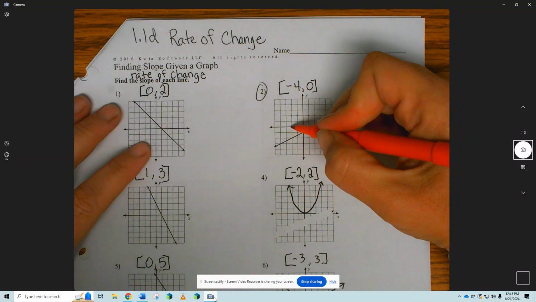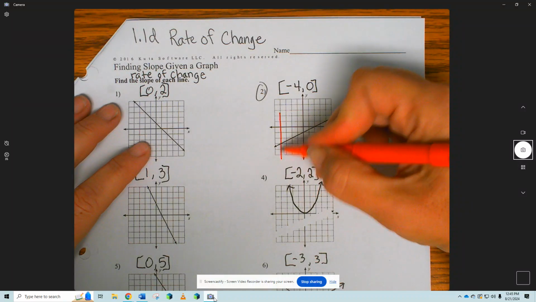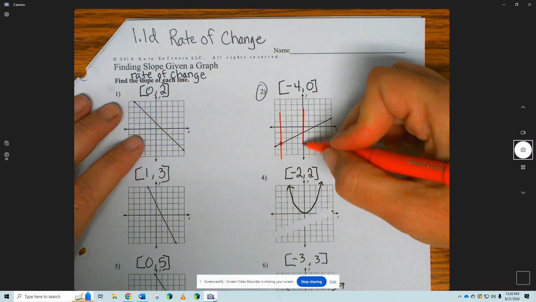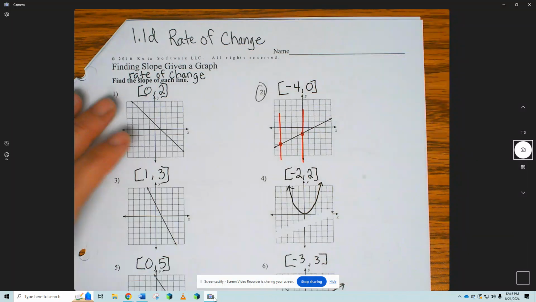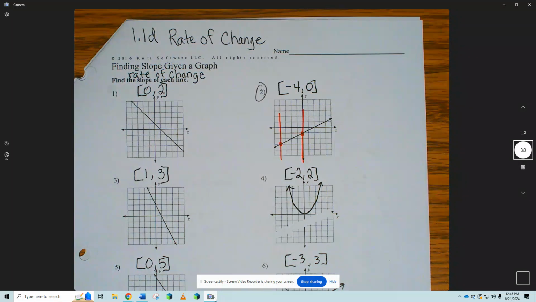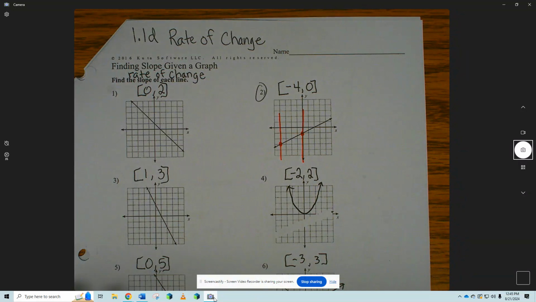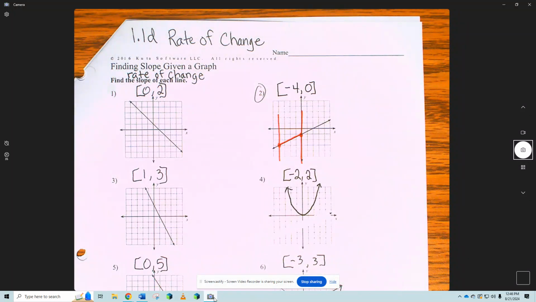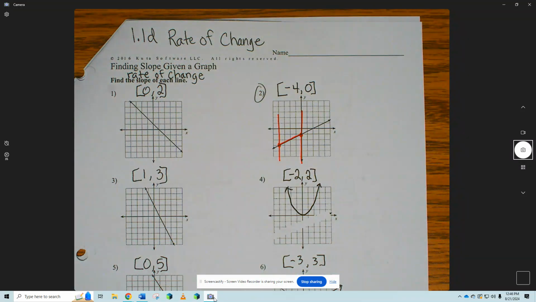1, 2, 3, 4. And then make a dot where the line hits and go to 0. And make a dot where the line hits. Between -4 and 0. You can use your ruler if you want. But it's already there, right? That's where you're supposed to find your rate of change. Count.